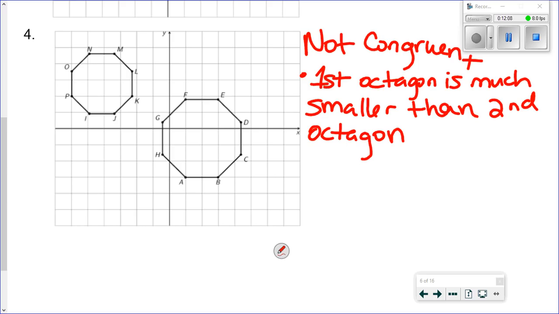We can further prove this through comparing side lengths.